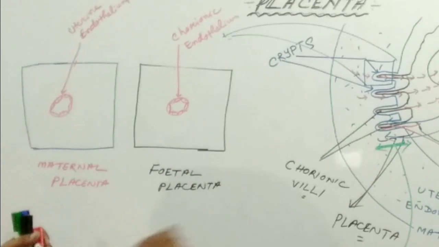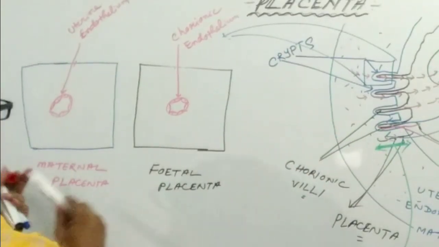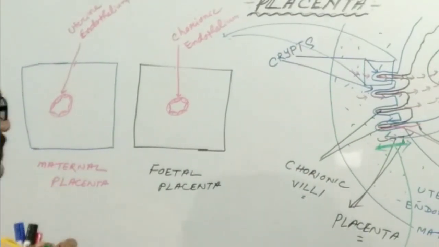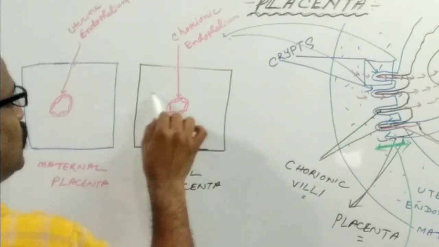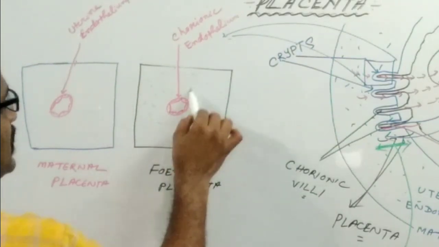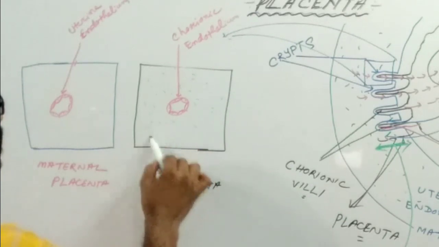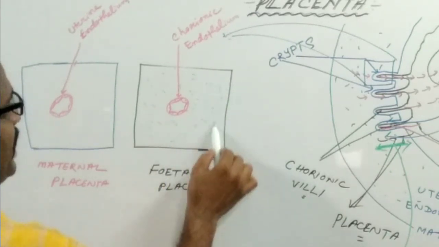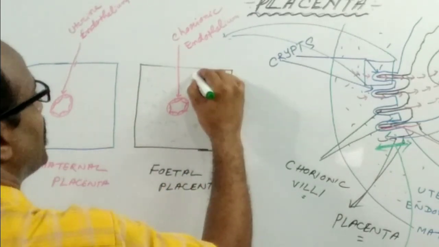And next, the chorion has chorionic connective tissue. So this is the chorionic connective tissue around the blood capillaries.